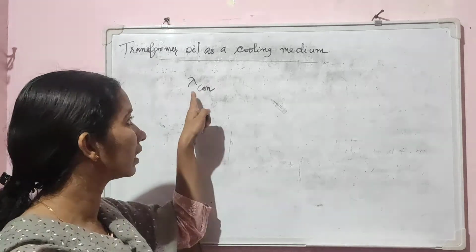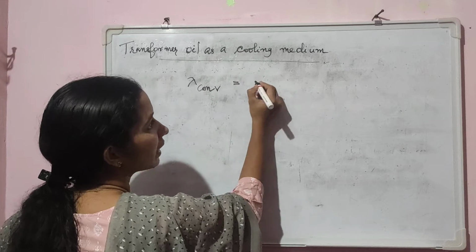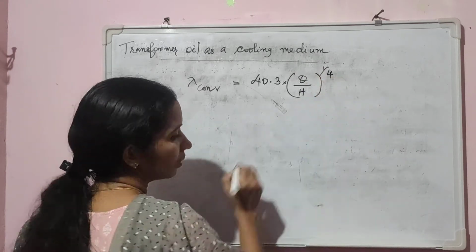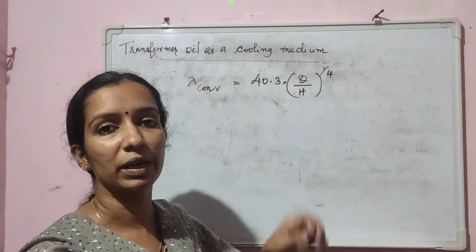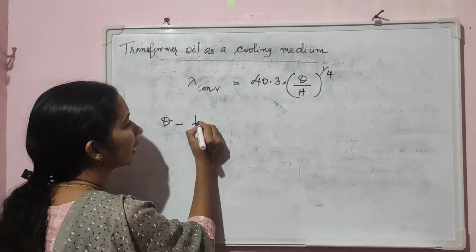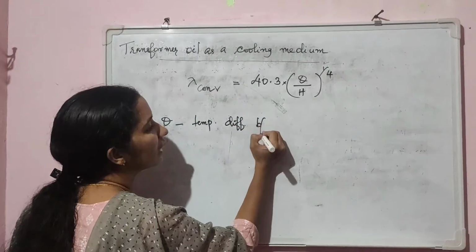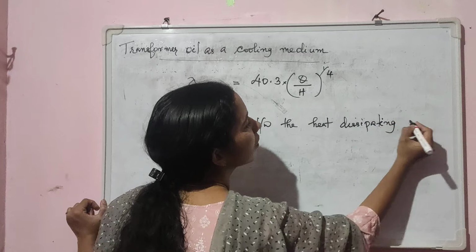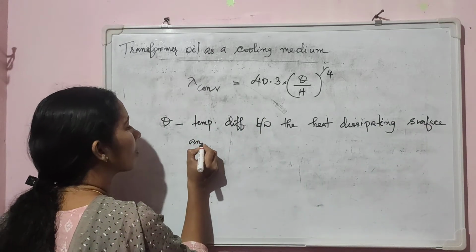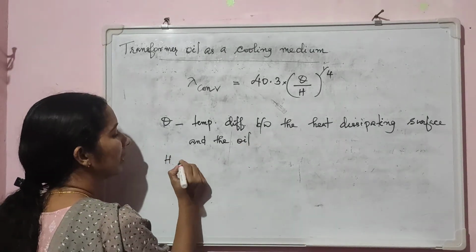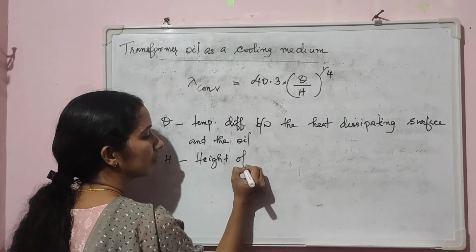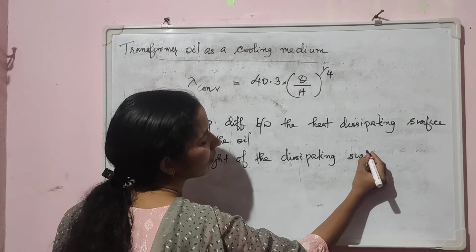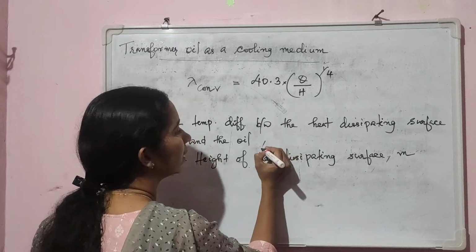The specific heat dissipation due to convection by the transformer oil is given by this particular equation: 40.3 into (theta by h) the whole raised to 1 by 4, where theta is the temperature difference between the heat dissipating surface and the oil, in degrees Celsius, and h is the height of the heat dissipating surface, expressed in meters.